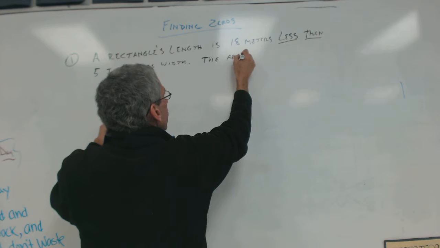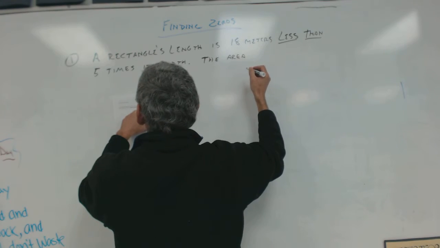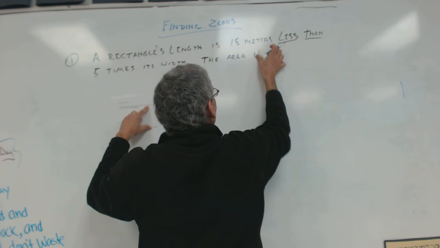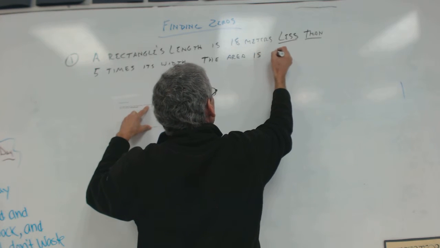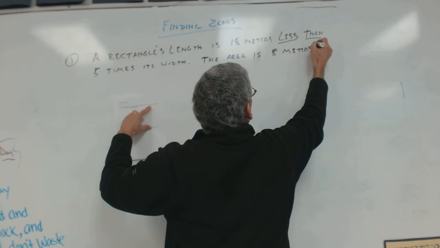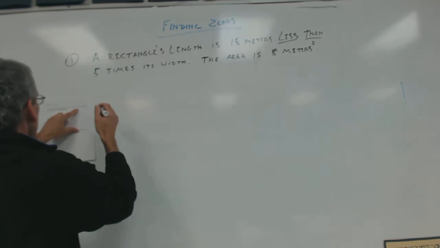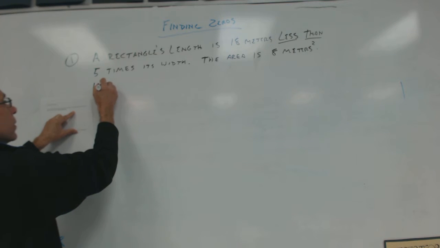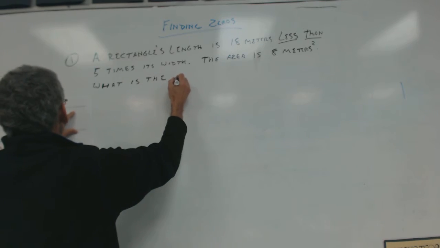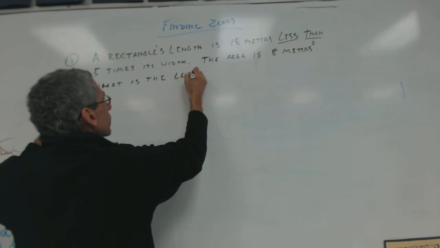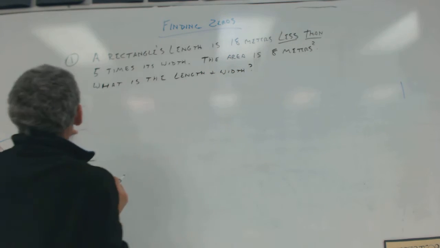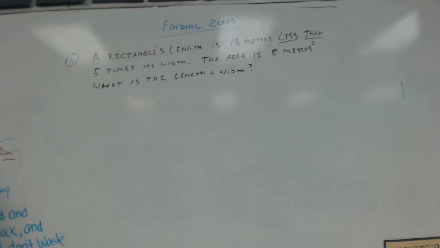The area is 8 meters squared. What is the length and width?